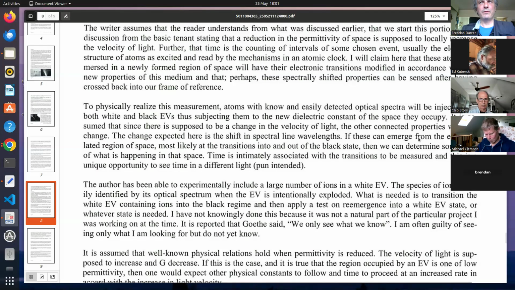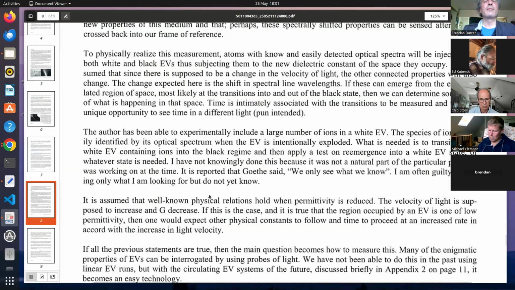If these can emerge from the encapsulated region of space, most likely the transitions into and out of the black state, then we can determine something of what is happening in that space. Time is intimately associated with the transitions to be measured, and this is a unique opportunity to see time in a different light, pun intended.